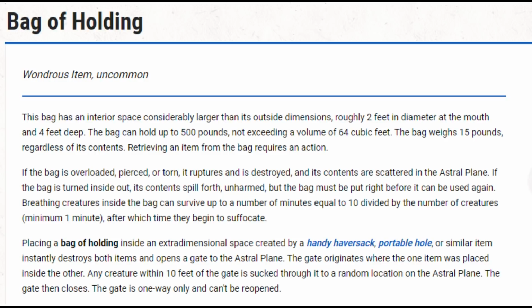Now, did the designers not foresee the possibility that you might want to stick one bag of holding inside of another bag of holding? Or was there a reason they had this exclusion? Or maybe they figured it was obvious, because if you're talking about bag of holding, then obviously bag of holding is included. Well, I don't know. The intent of the designers is not clear, but what is clear is that it's not specifically mentioned. We know that this bag is 4 feet deep and has a 2-foot opening.